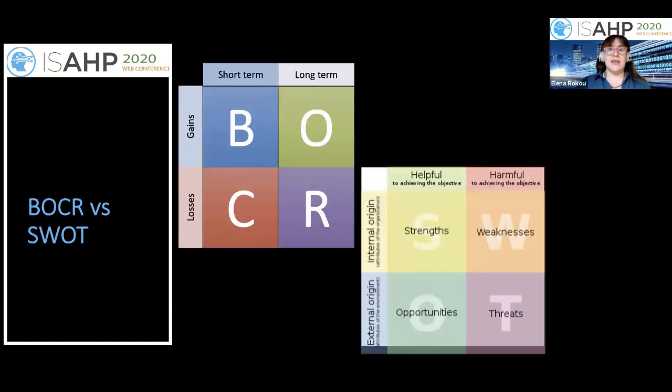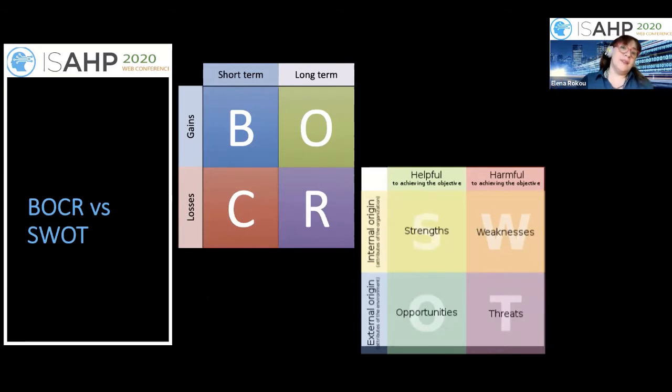And here's a nice comparison. Benefit is what strength is for the SWOT, because benefits give you the short-term gains, like the strengths will give you the origin and the helpful items to achieve your objective. Opportunities are the long-term gains.